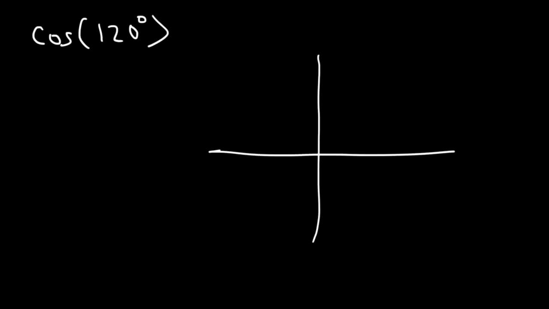Let's evaluate cosine of 120 degrees. So first let's plot it. 120 is located in quadrant 2. So that's an angle of 120. And we know the negative x-axis is 180. Therefore, the difference between those two will give us a reference angle of 60.